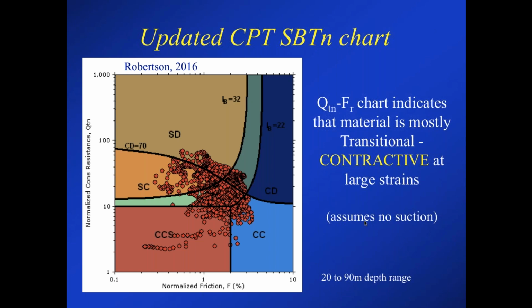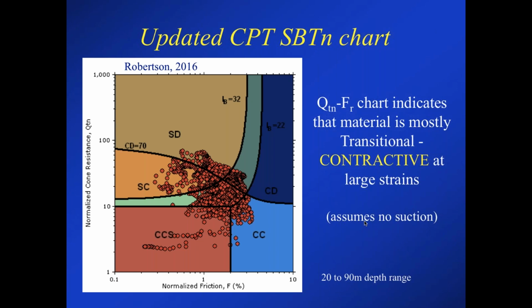Next question: have you encountered tailings where lab testing indicates dilative or phase transformation response while CPT indicates contractive behavior? The answer is yes, but the difficulty is that typically when that happens, people have done lab testing on, quote, undisturbed samples.